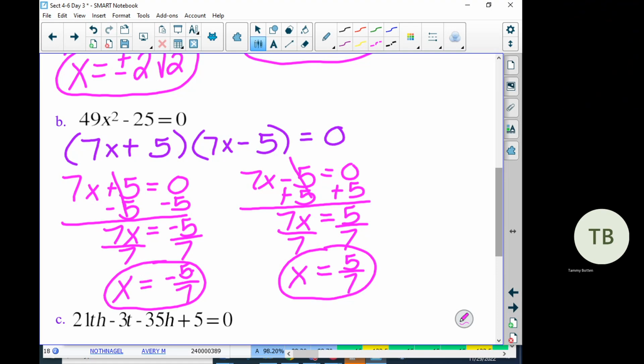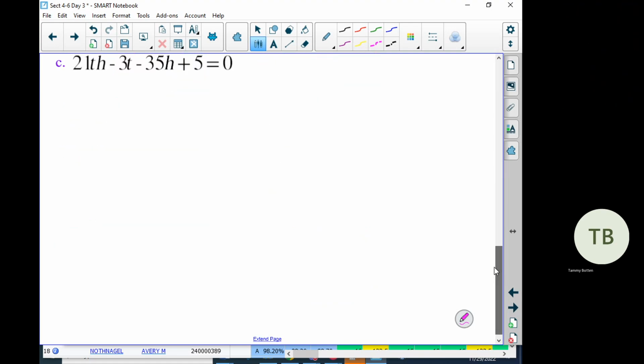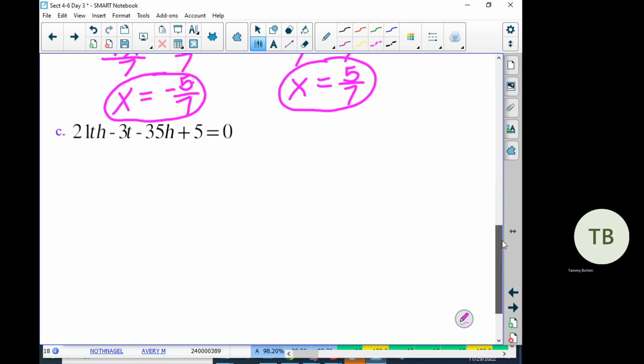You take the opposite of this, which is a regular 5, and you divide it by 7. If this could be reduced, like say it was 5/10, then you would want to reduce it. Okay. All right, let's look at this.